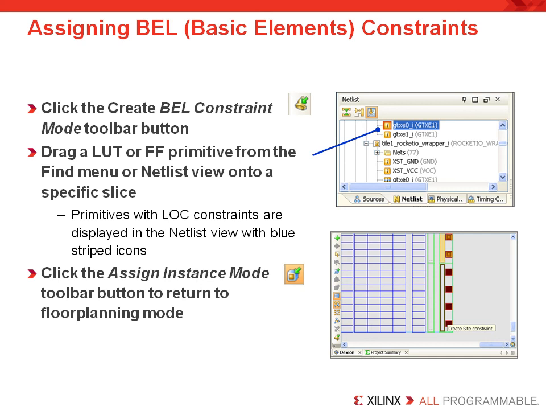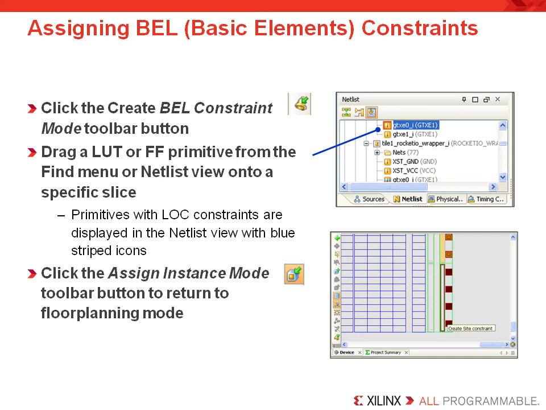Examples of components are slices, block RAMs, ILOGICs, OLOGICs, and IOBs. BEL allows specification as to which particular BEL site of the component is to be used. For example, this can be used to specify the specific LUT or flip-flops to be used within a slice.